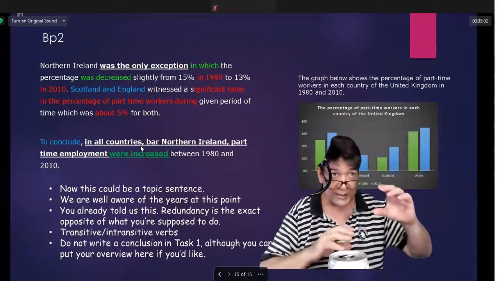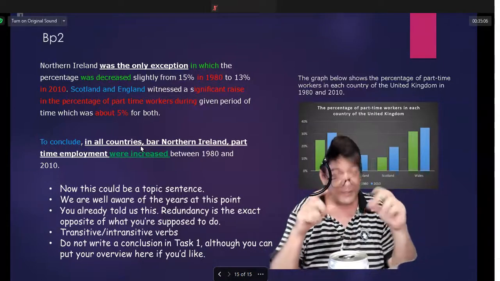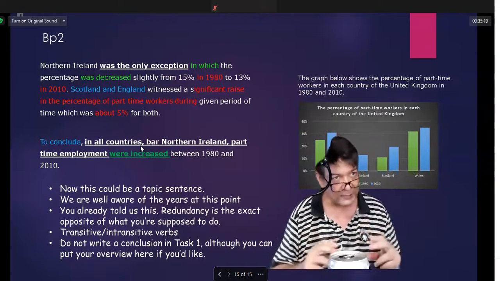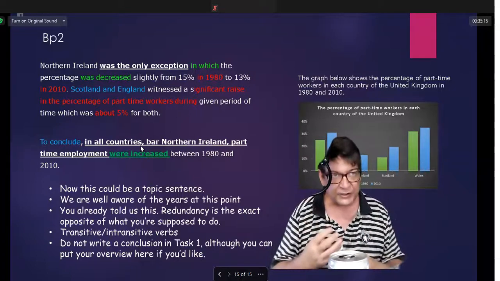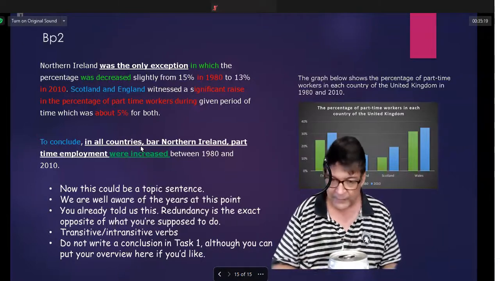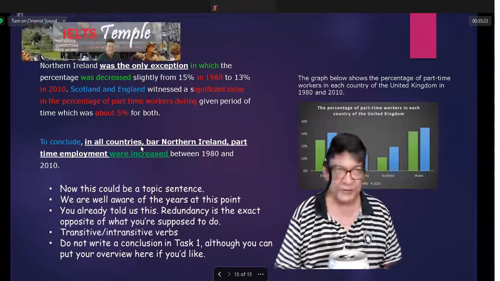So now you've got 2 ideas in your overview. Discuss the first idea in the first body paragraph. Discuss the second idea in the second body paragraph. And this gives you a nice natural organization to the task 1 that you can repeat with any type of task 1. It's called Uber cohesion.